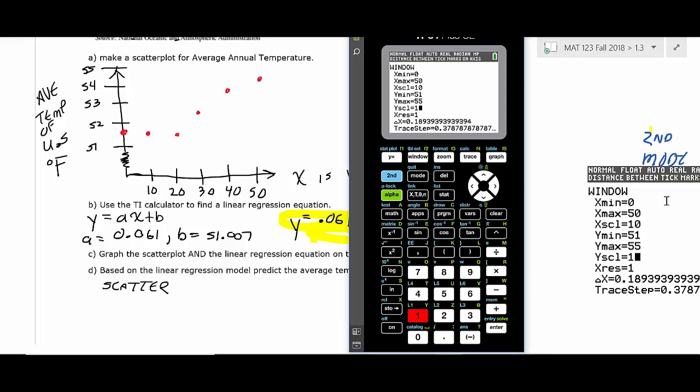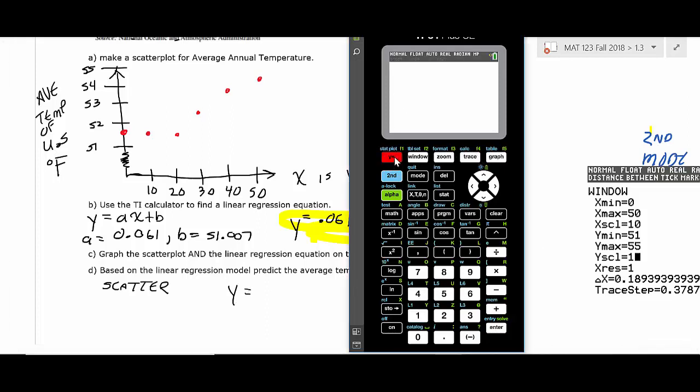That's telling you what it's going by. So X is going by 10, 10, 20, 30, 40. Y is going 1, 2, 3, 4. So it goes like that. Okay, so you do that. Now, the other thing that you do is you go to Y equals again.